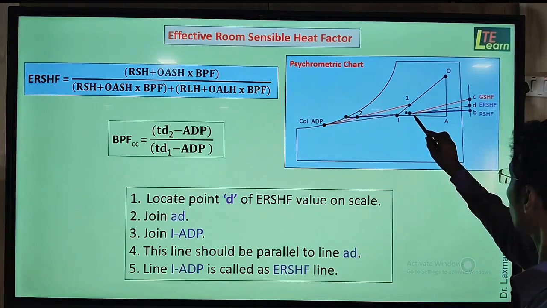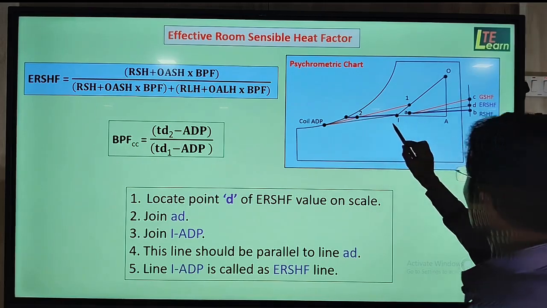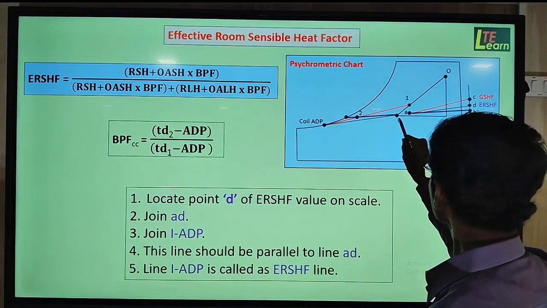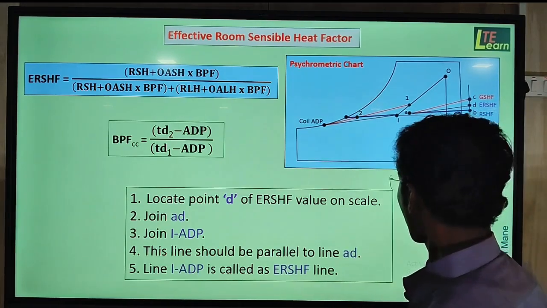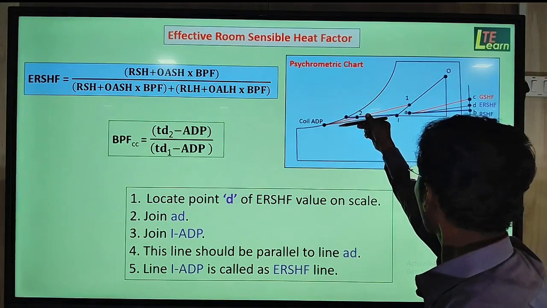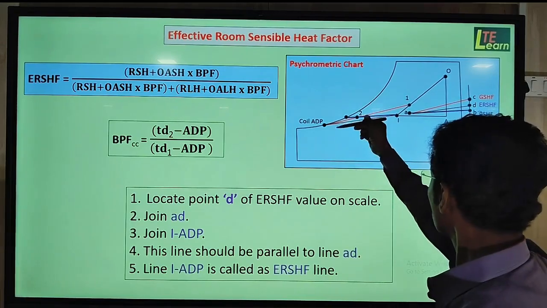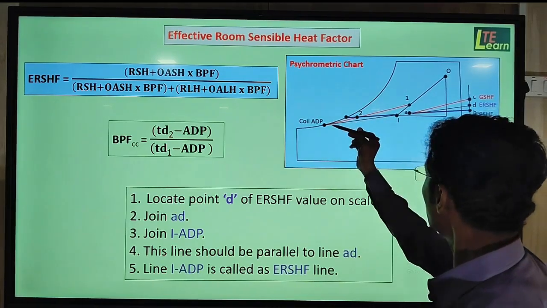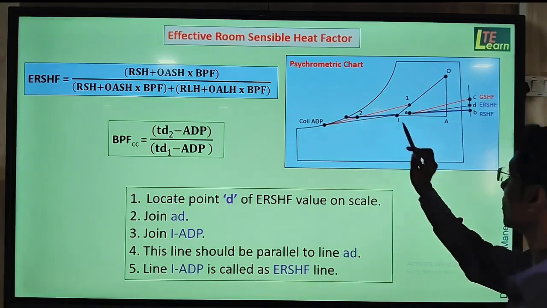Then we join line AD. Also we join this I to ADP line. Now this I to ADP line should be parallel to this AD line. So thus we call this I to ADP line the effective room sensible heat factor line.